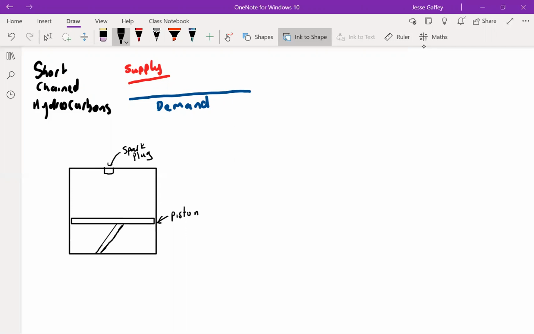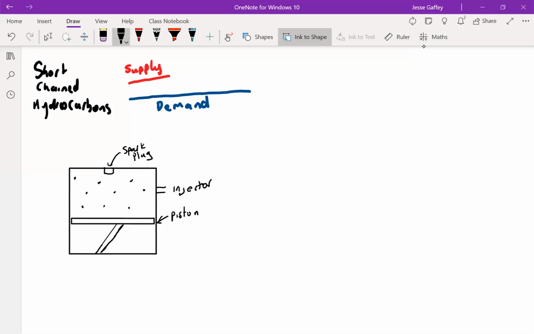Now, the cylinder on the side has what we call an injector. And the injector injects fuel, a mixture of fuel and air, into the engine. So these little droplets are fuel, and there also is air mixed in here in the engine. So air is required for the fuel to burn.